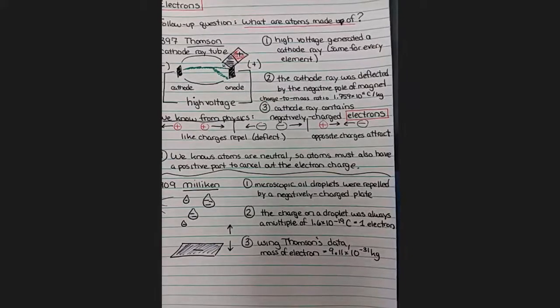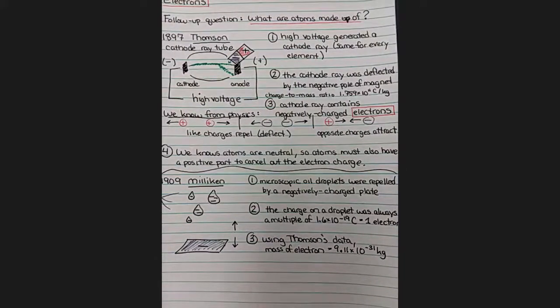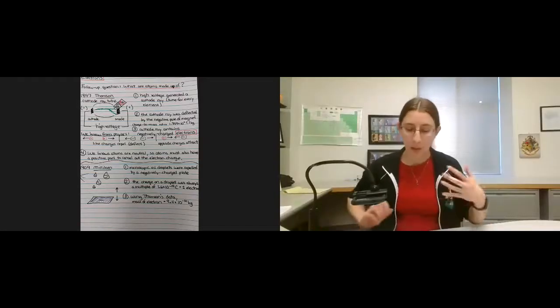So a very, very, very light particle. So our picture is getting even a little bit more clear. We know a little bit more about electrons now. We know about how much they weigh and about how much they're charged.